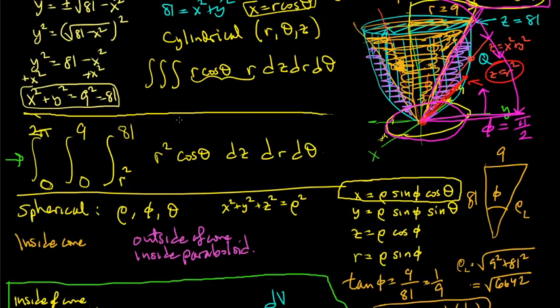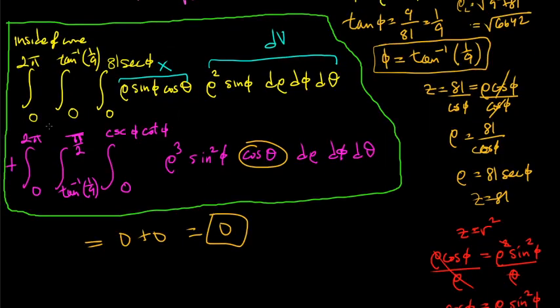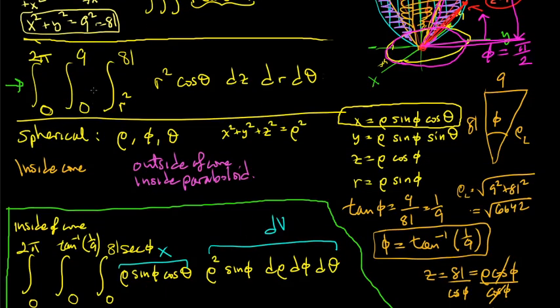In spherical, you have to evaluate 2 integrals and add them up. In rectangular, you just have the one, but I think it gets a little bit messy. I think cylindrical is the way to go. That's the way we evaluated this, and we did get 0. I just erased it, but we did get 0 that way.